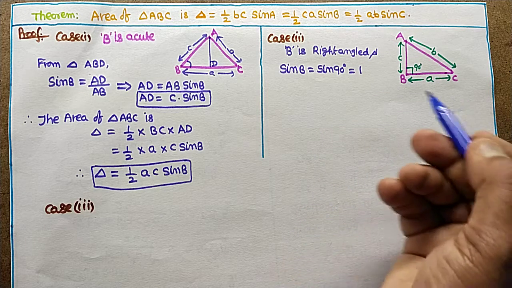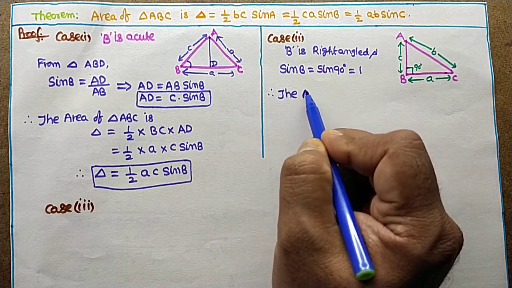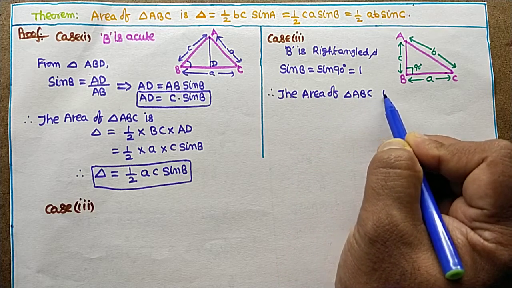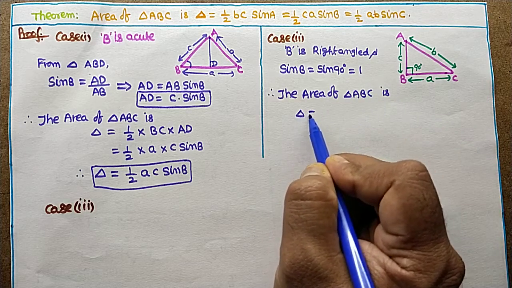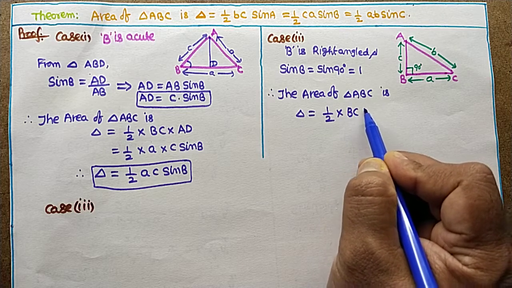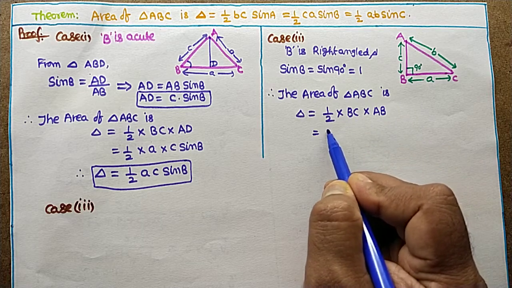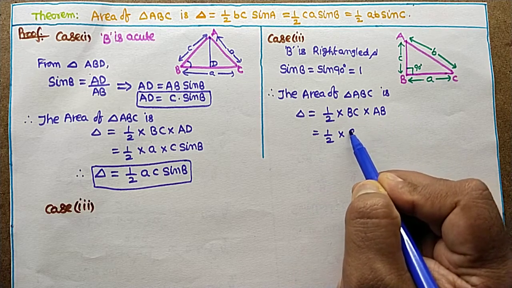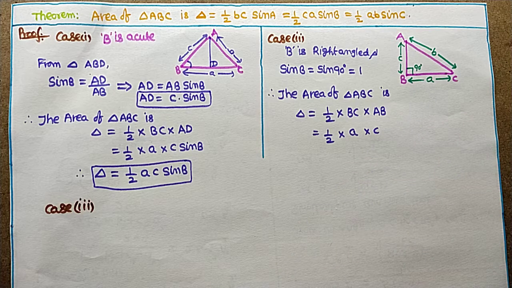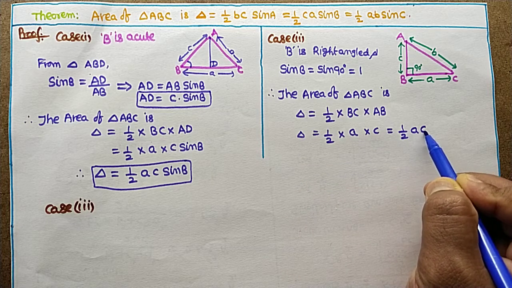So now, area of triangle. From this figure, the area of triangle ABC is delta equal to half into, according to the figure, base is BC into height is AB, which is equal to half into BC, which means small a, AB means small c. Delta equal to, which can also be written as half into AC into 1.